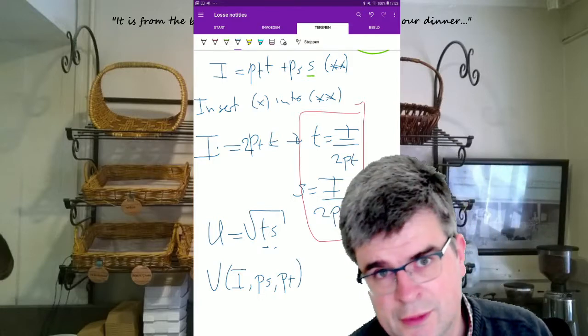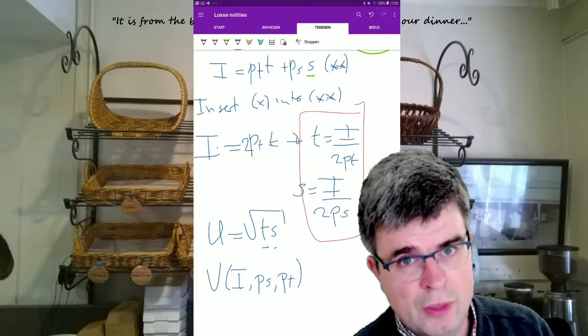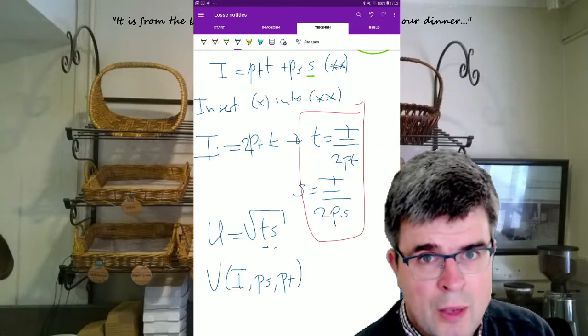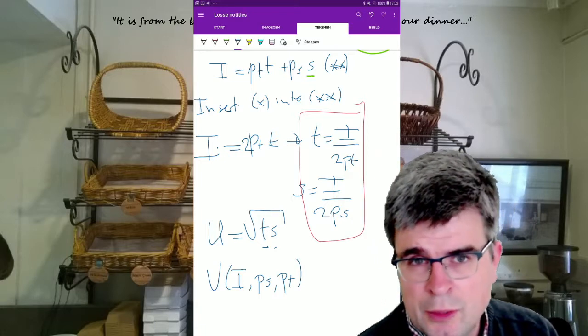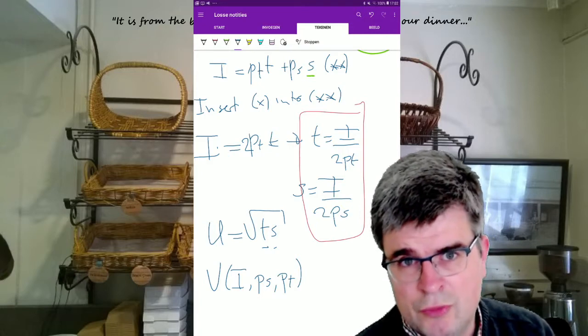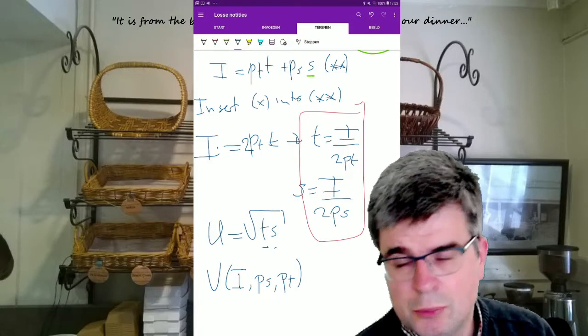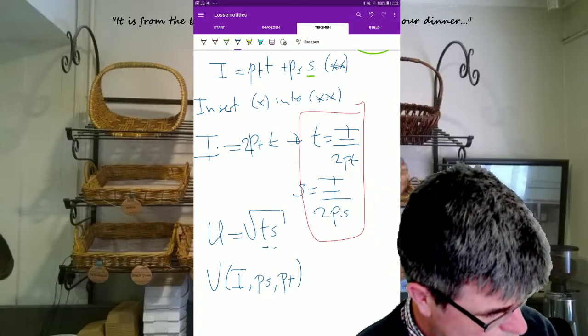Now, these prices and income do not give us direct utility, but they allow us to buy a certain amount of Twinkies and soda, which do give us consumption utility. So this is why it's called an indirect utility function.